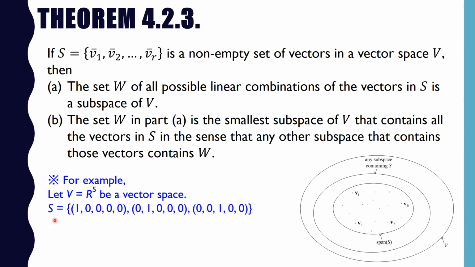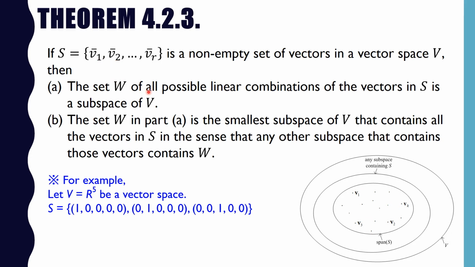Let us choose the vectors (1,0,0,0,0), (0,1,0,0,0) and (0,0,1,0,0) as three vectors in R5. Those three vectors are collected in a set called S. Now we have a set of non-empty vectors in R5.